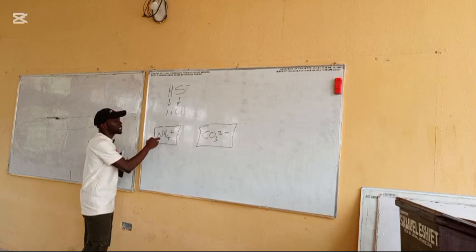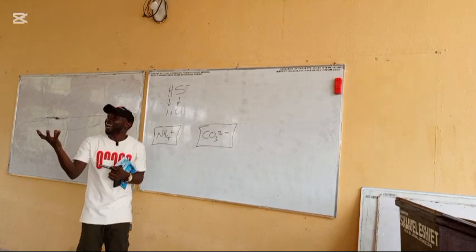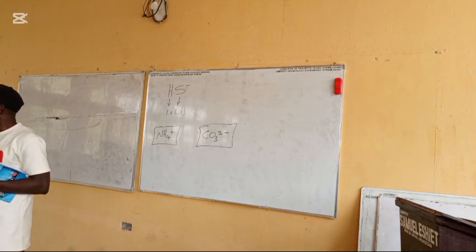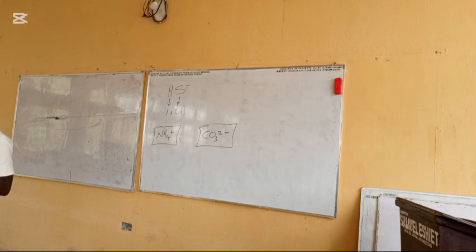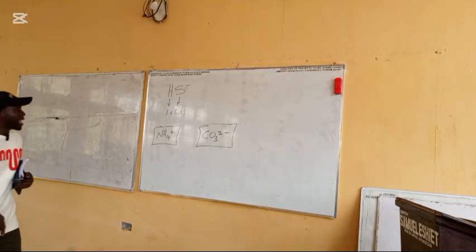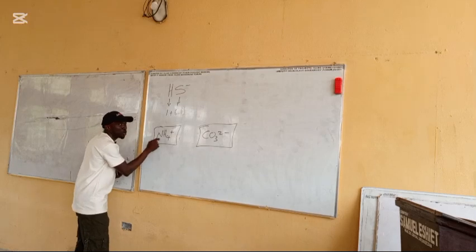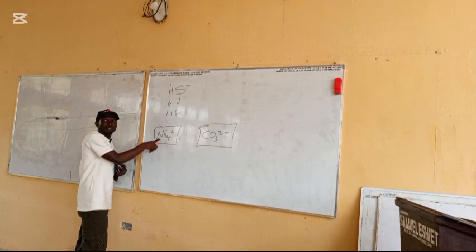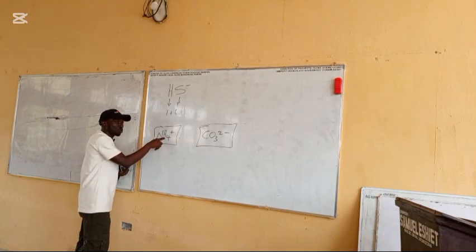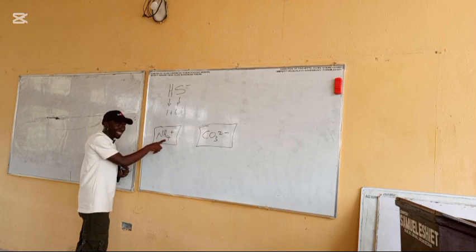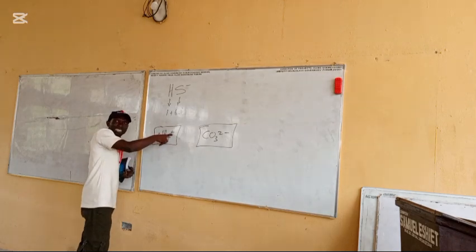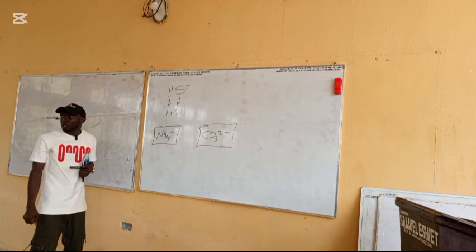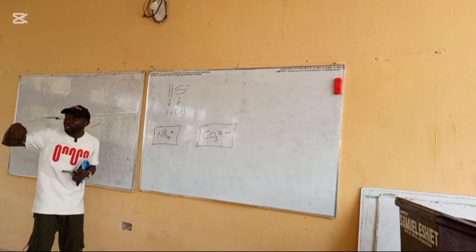Now for the one that is positively charged, after adding up the valence electrons, are you there? If it is positively charged, you subtract the magnitude of the charge. Now let me ask you, how many valence electrons are there in ammonium ion? N is 5, right? 5 plus 1 times 4 is what? 9. 9 minus 1. That's how many? 8. Now if it is negatively charged, you're going to what?